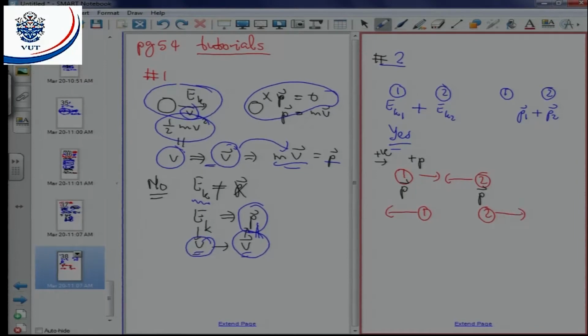It's plus P, then this one is moving in the opposite direction, so it's minus P. Then the total momentum is the sum of the two, so we get 0. And even here, if I have momentum plus P for 1, then this one is minus P. So the sum is just P plus minus P, which is 0.